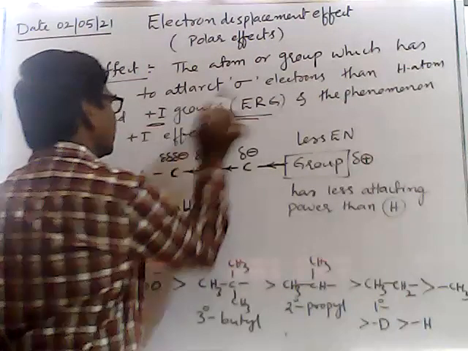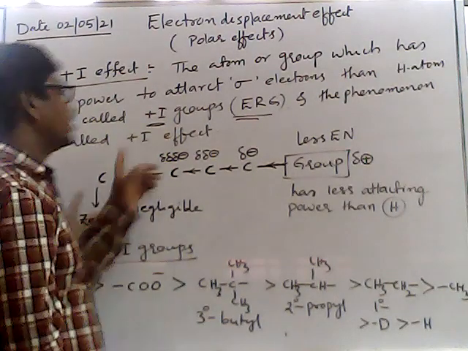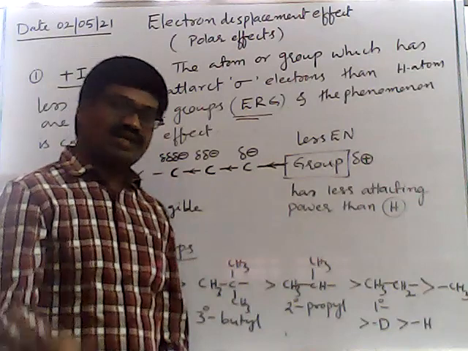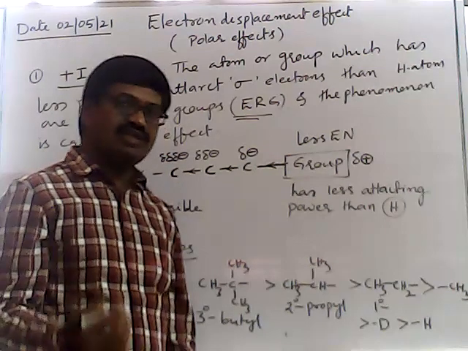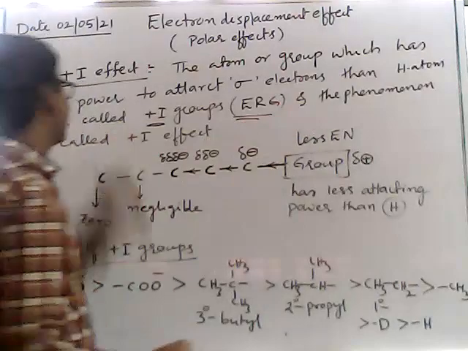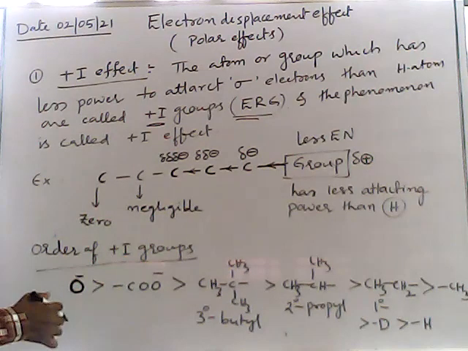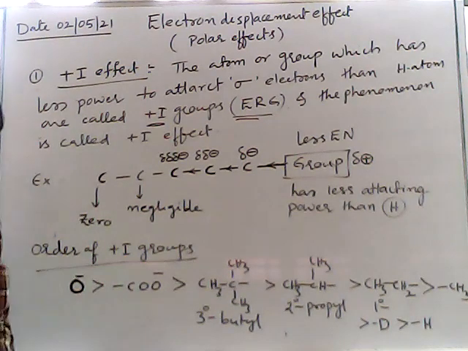All plus I groups are nothing but electron releasing groups. So plus I effect is nothing but the atom or group which has less power to attract sigma electrons towards itself than hydrogen atom is a plus I group, and the phenomenon involved in that process is plus I effect. So this is the information.